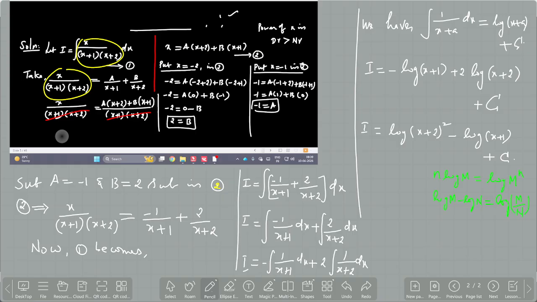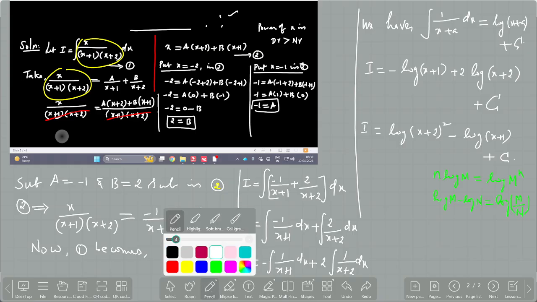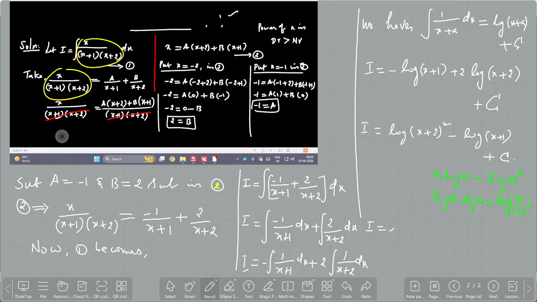Correct? Same thing here. What are we going to write? I equal to log of x plus 2 whole square divided by x plus 1, plus c. This is the answer for the first question. Any doubt? Check your answer. Can I go to the next question?